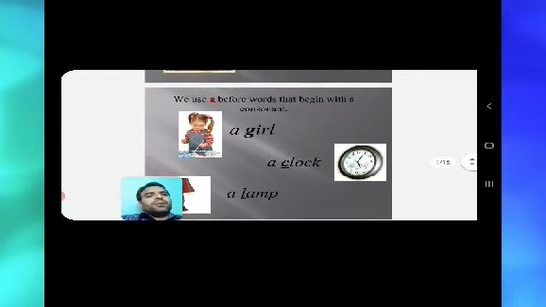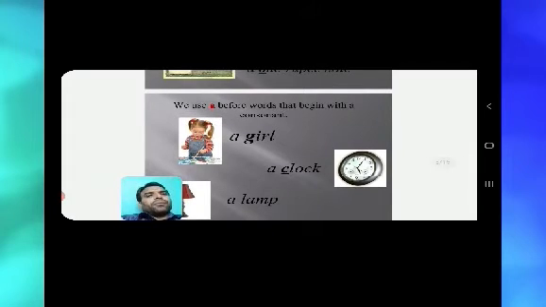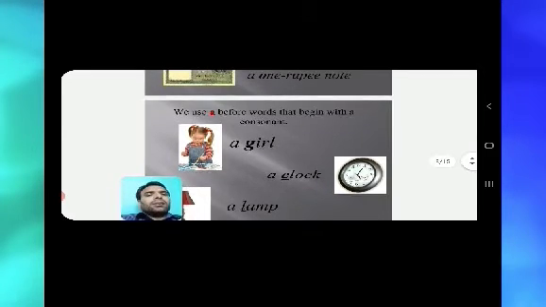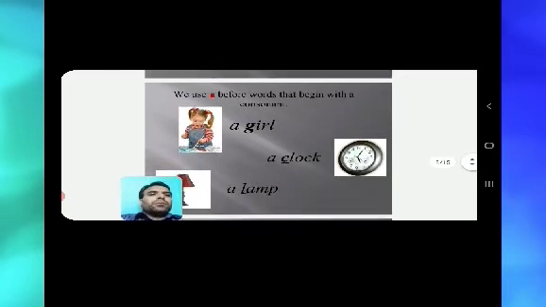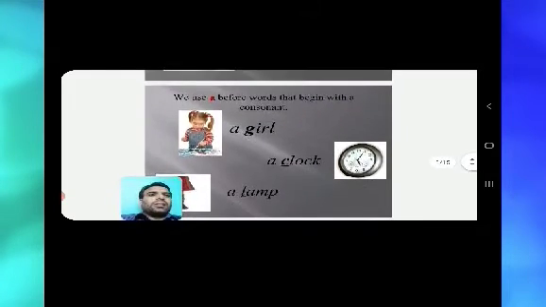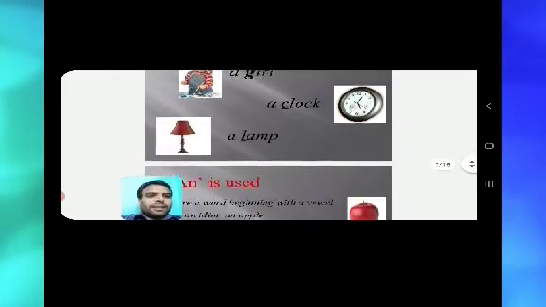The first and foremost thing you should remember is that a is used basically with a consonant-sounded singular noun. So this is what we can see here in this slide.